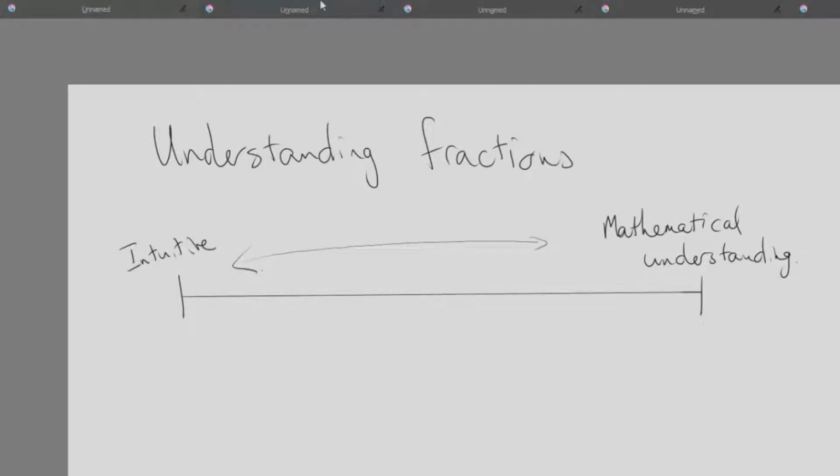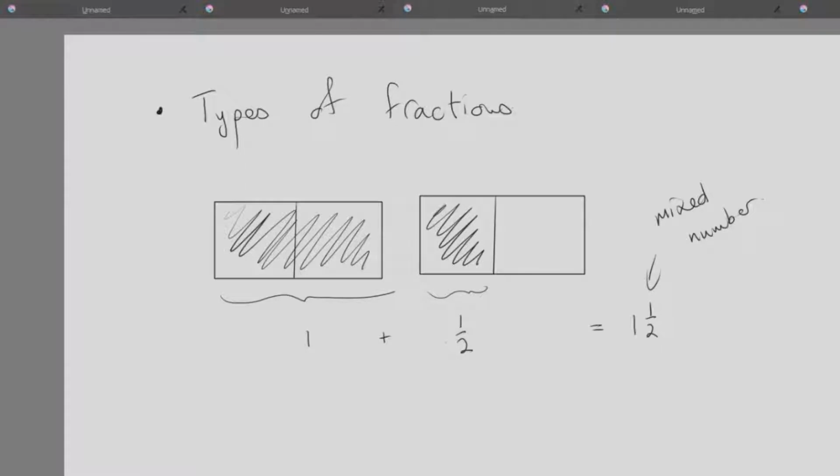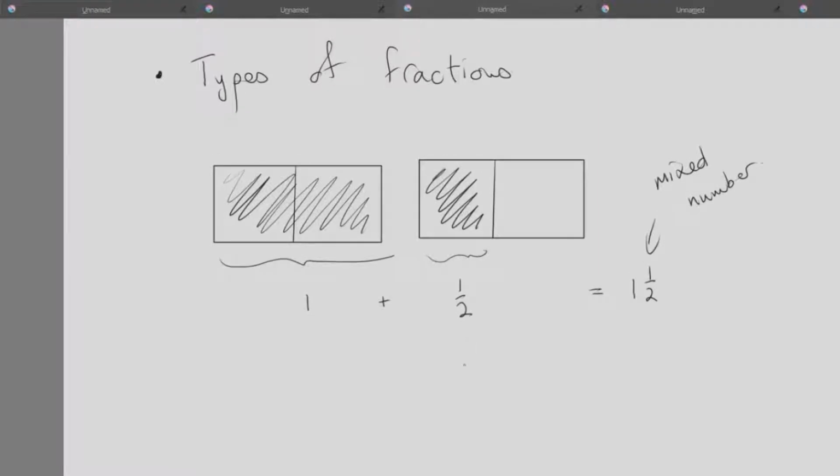When things get complicated, the mixed number turns out to be a little inefficient in my calculations because I need to remember that these two seemingly separate numbers actually go together representing one quantity. So I have types of fractions called mixed numbers.